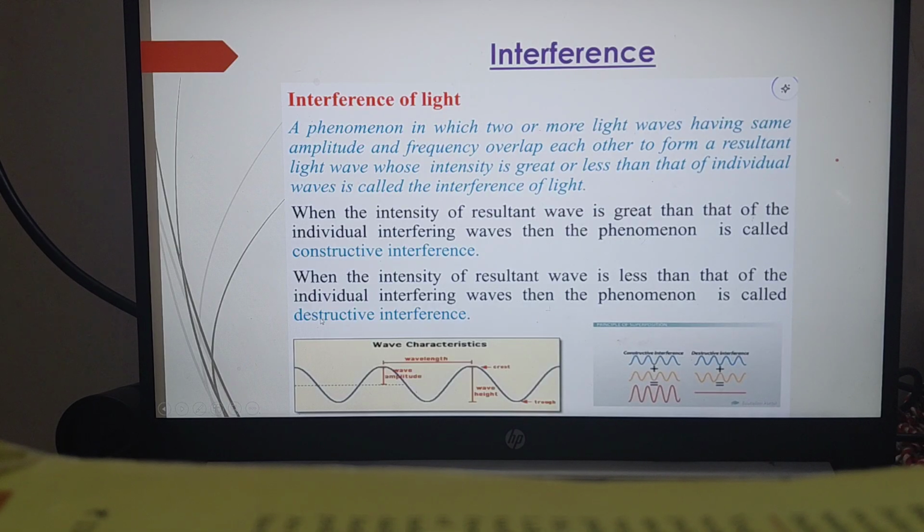Coming to destructive interference, the intensity of the resultant wave is less than that of the individual interfering waves. This phenomenon is known as destructive interference.